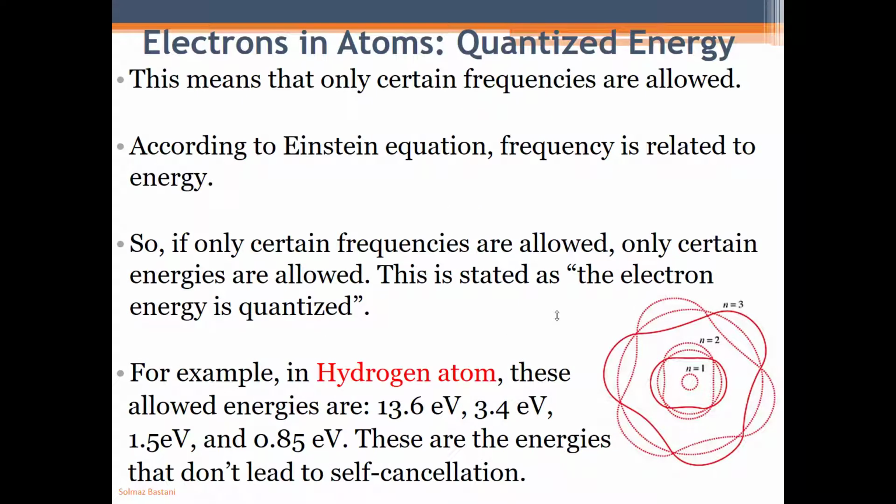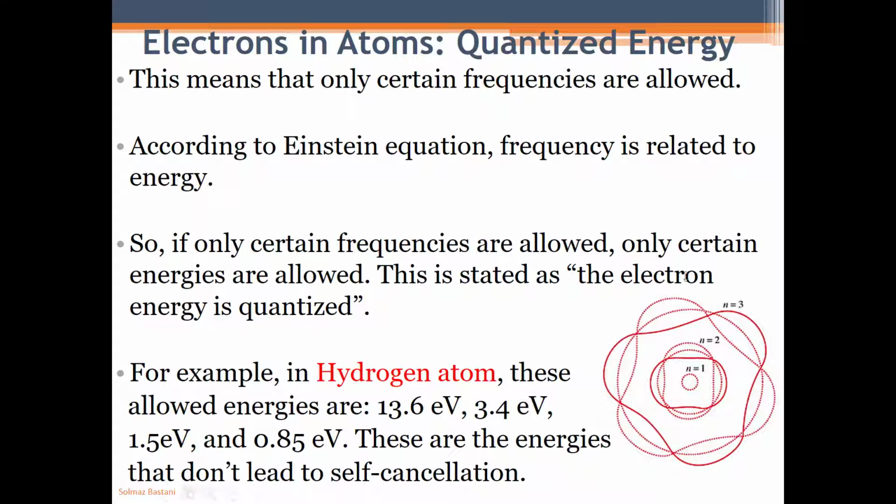So this means that only certain frequencies are allowed. Now, according to Einstein's equation, frequency is related to energy. So if only certain frequencies are allowed, this means that only certain energies are allowed. So this is stated as: the electron energy is quantized.